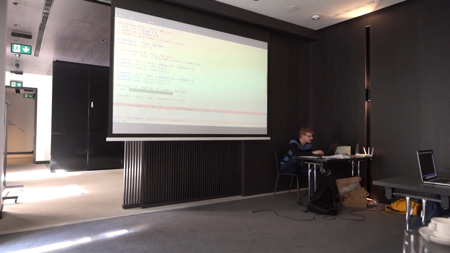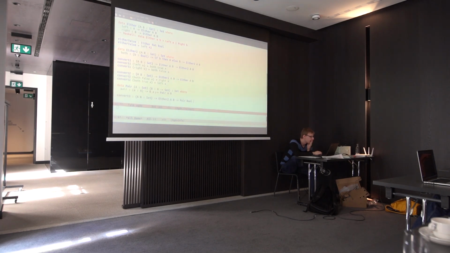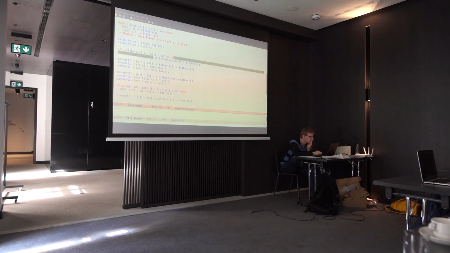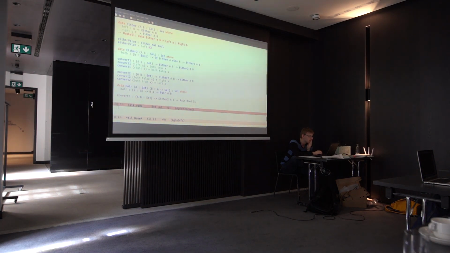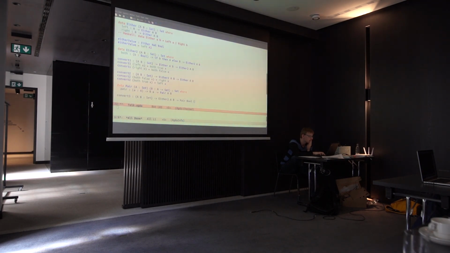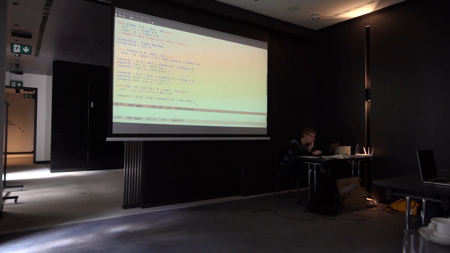So it's pair bool. So A will be a boolean, and B of A should be this function, right? So you go P colon U. So we now need a function that when it's true is equal to A, and when it's false it's equal to B. How do you write a function?